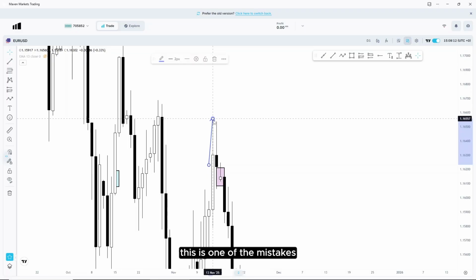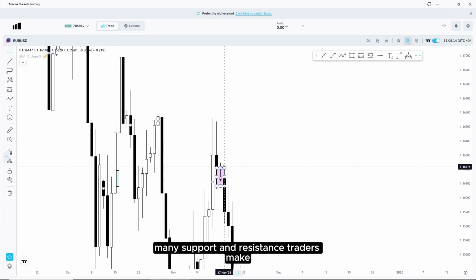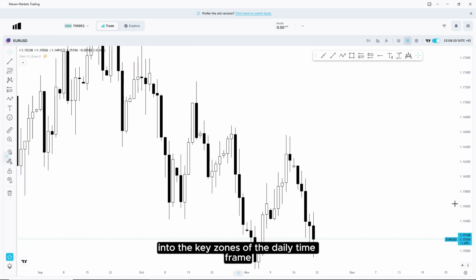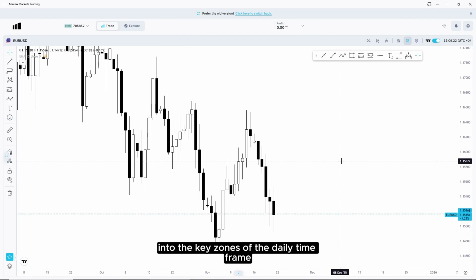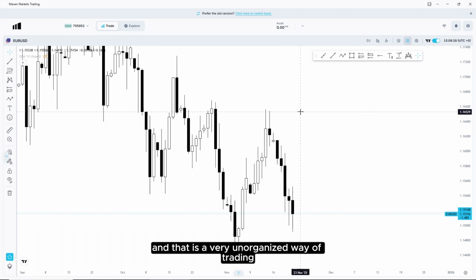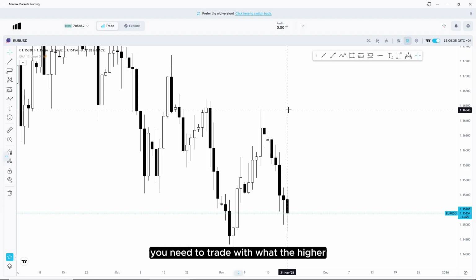This is one of the mistakes many support and resistance traders make, that they trade into the key zones of the daily time frame, or they totally ignore the higher time frame completely, and that is a very unorganized way of trading. You need to trade with what the larger investors are doing.